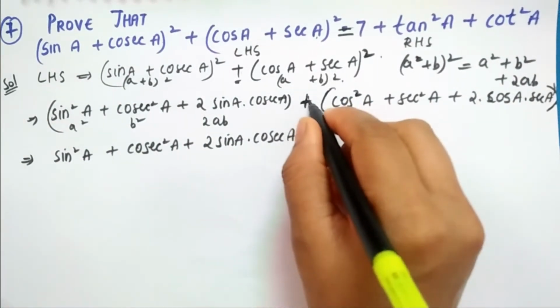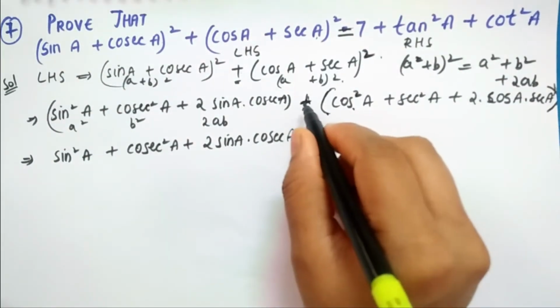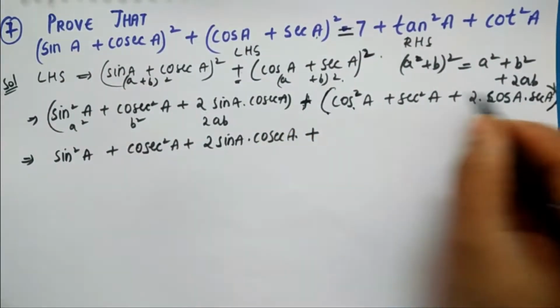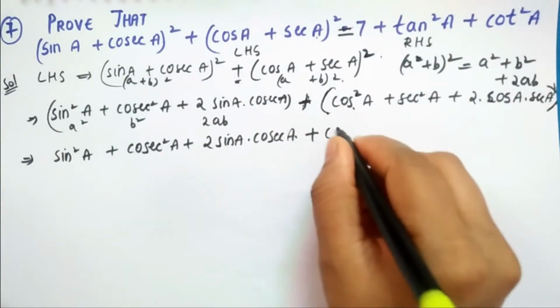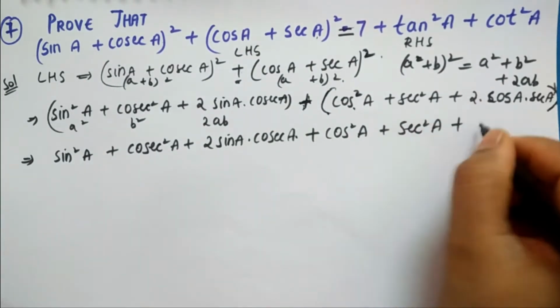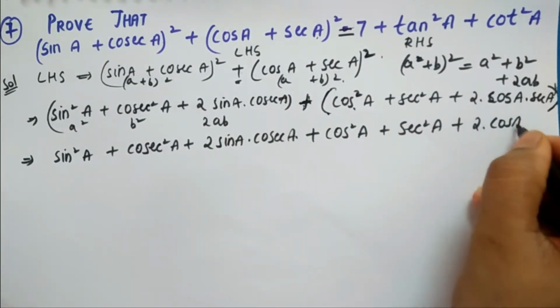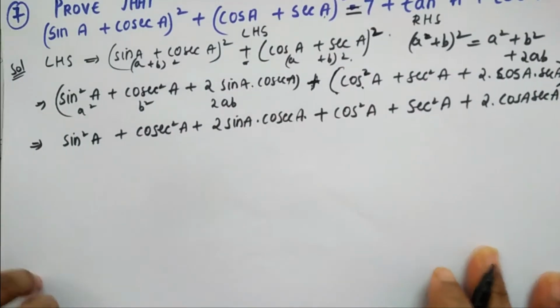Since it's a plus sign in the middle, it doesn't matter. If it would have been a minus sign, then all the signs inside would have changed, but since it's a plus, it will be the same. Plus cos square A plus sec square A plus 2 into cos A into sec A. The whole thing, we just got it.